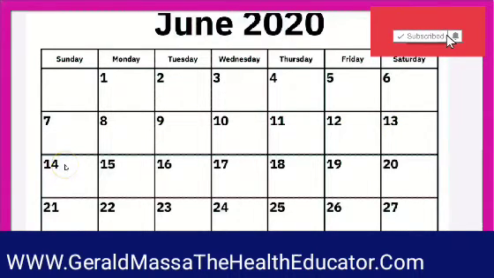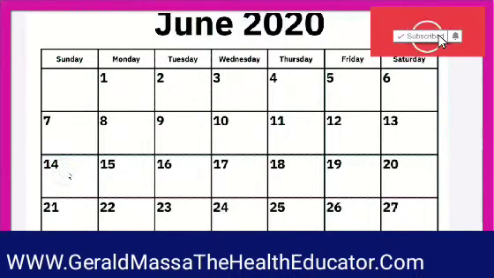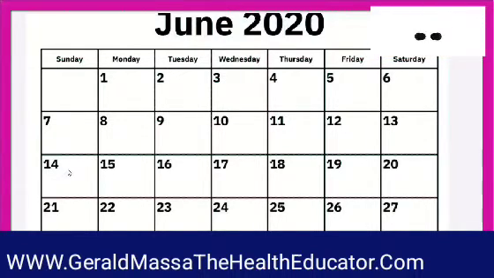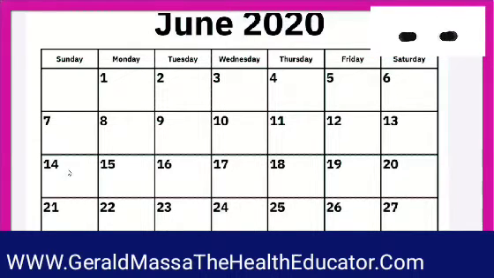So according to this cycle, the 14th day is specifically here, and that is on Sunday. According to our method, when ovulation is taking place, the 14th day is the peak period when you are most likely to get pregnant.